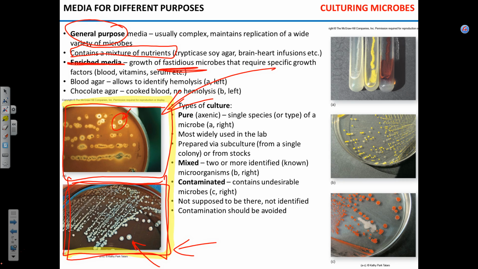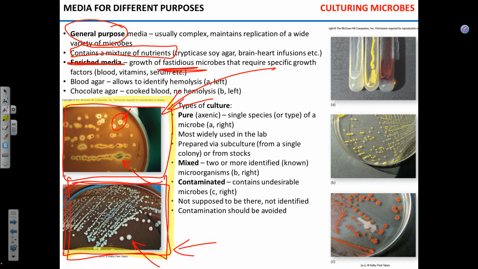You can see the partial hemolysis here, the green dot. Now, if I would ask you, what do you think in terms of potential to cause the disease? Microbes that don't do anything to red blood cells and microbes that destroy them, which should be more pathogenic?